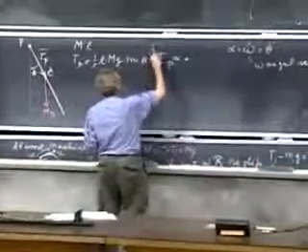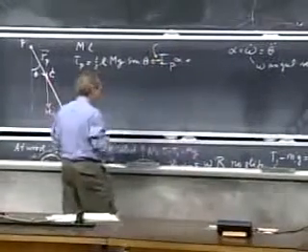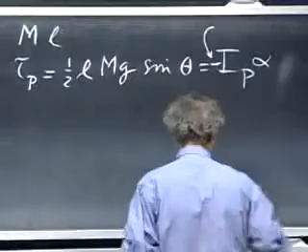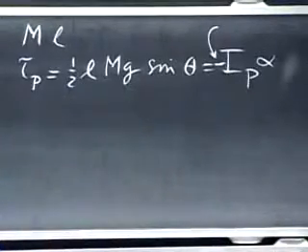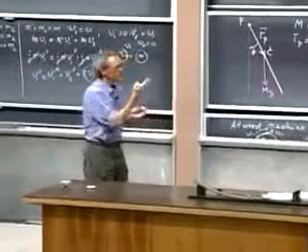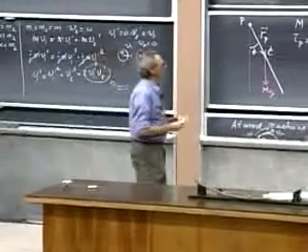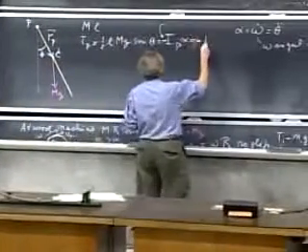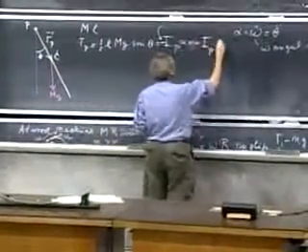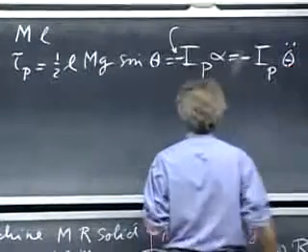That's important because the torque is restoring, the same situation we had when we had a spring. We were oscillating a spring. The spring force is minus kx. The minus sign here plays exactly the same role. So I can write down here minus I of P theta double dot.